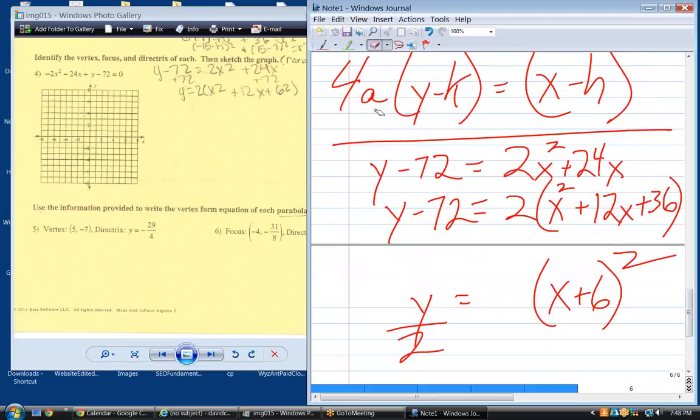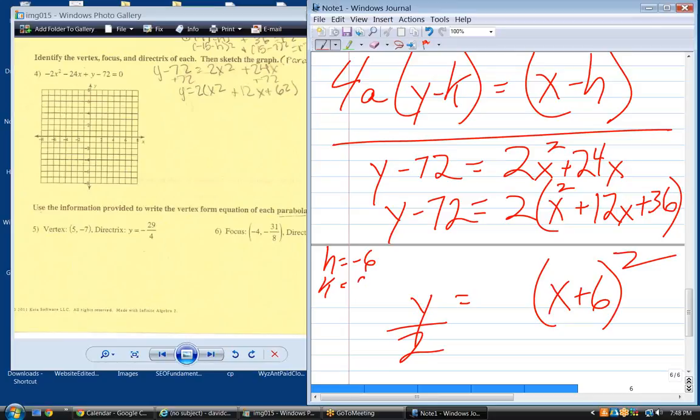So first of all, let's figure out H and K. What's H? 6. That doesn't say x minus 6. Oh, so negative 6. So H is negative 6. What's K? What's being subtracted from the y?